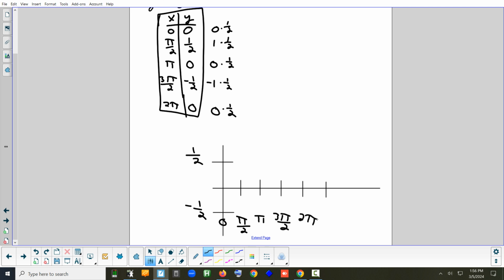All right, and plot your points. 0, half, 0, negative half, 0. And there's your sketch. So remember, that's a compression. It doesn't look like it because I changed the scale. Any questions on that one?